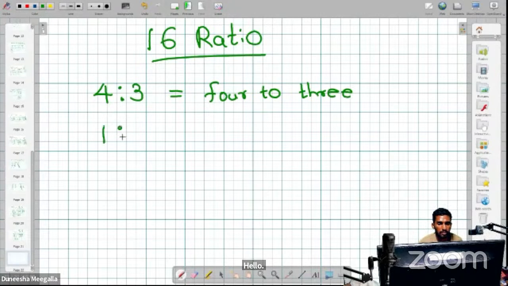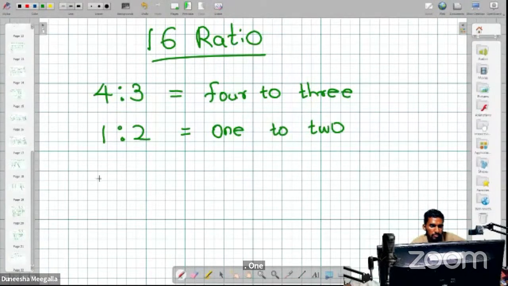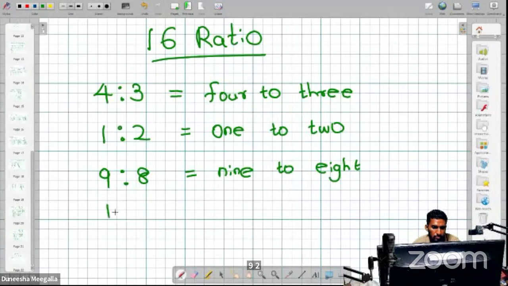Then how we read this? 1 to 2. How we read this? 9 to 8. How we read this?